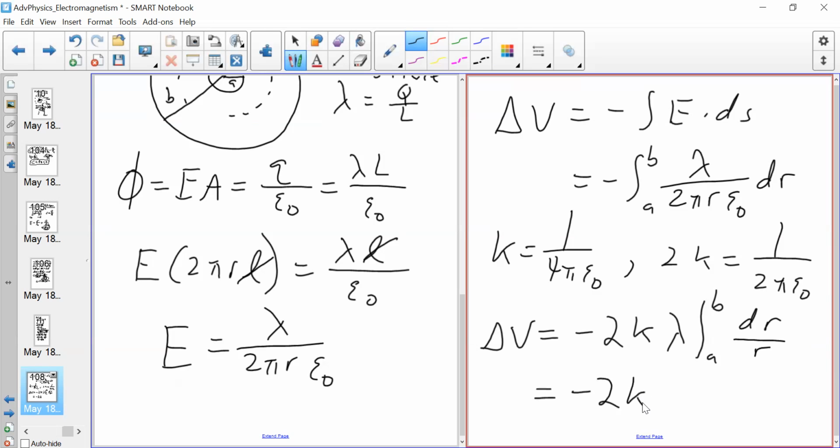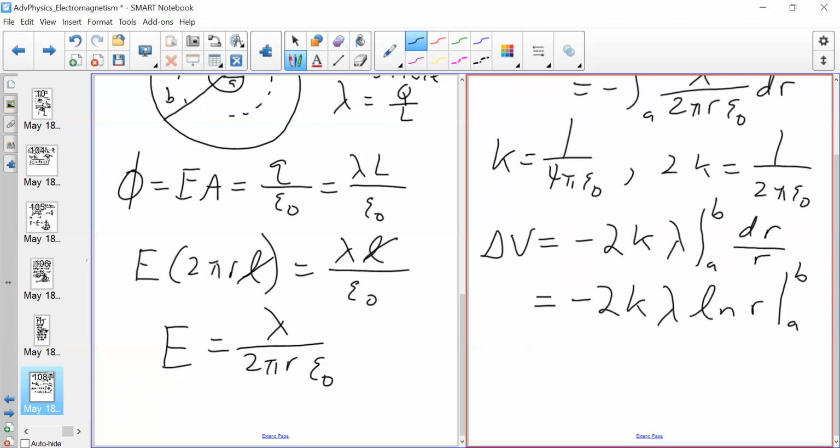So we have 2K lambda natural log R from A to B. And so now we can evaluate this all the way out. 2K lambda natural log. So you go B minus A, final minus initial.